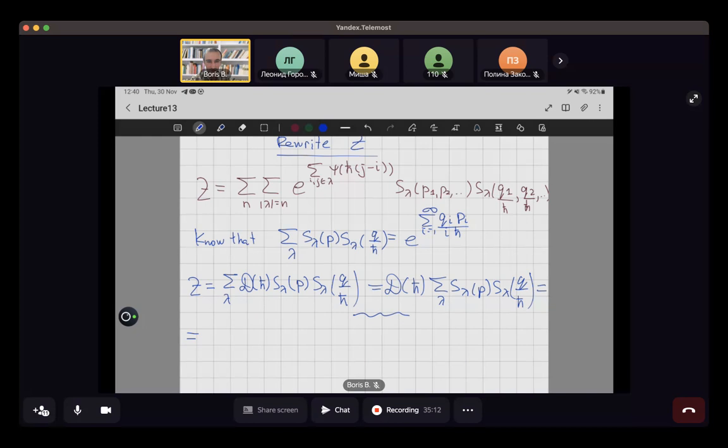This is for all parts lambda 1, lambda 2, etc. They are not ordered here, so it's a sum over all of these. It's symmetric in x variables.